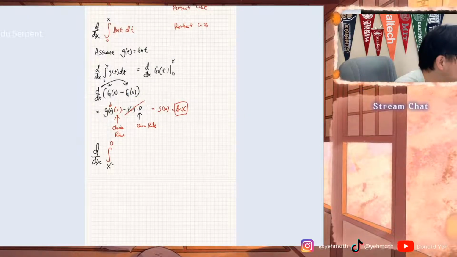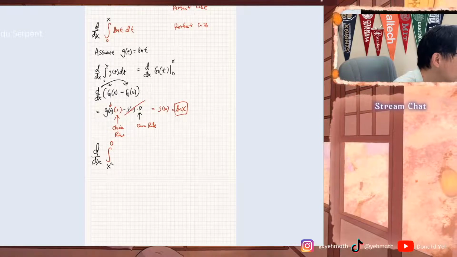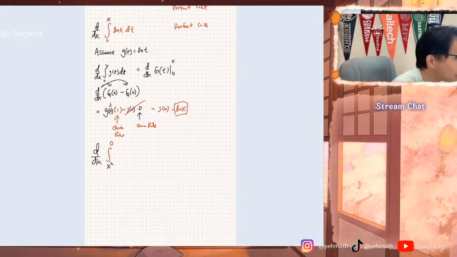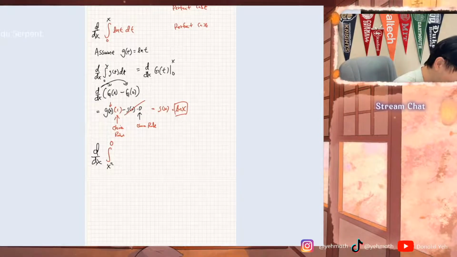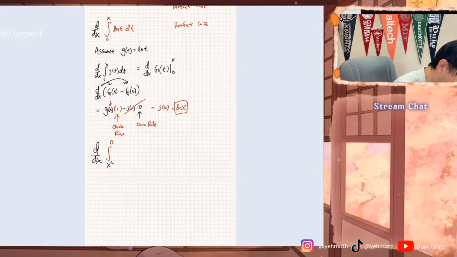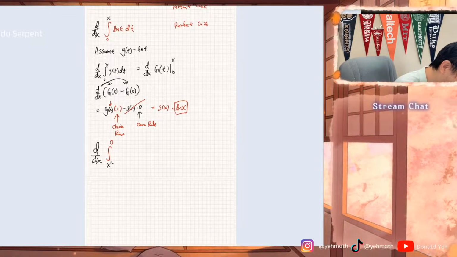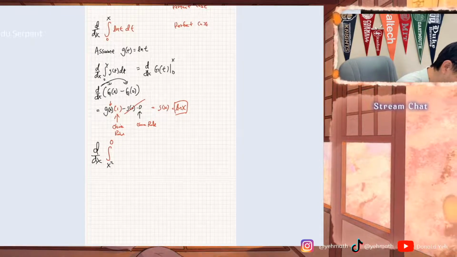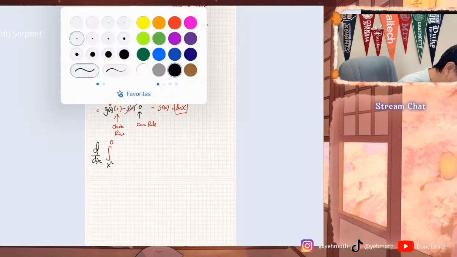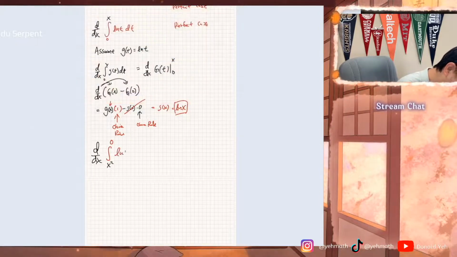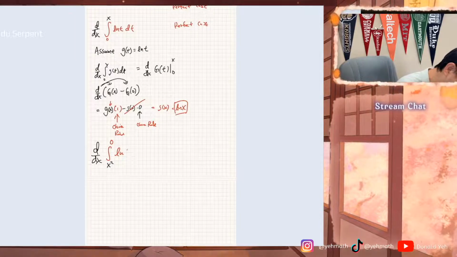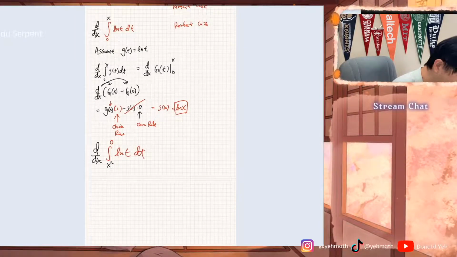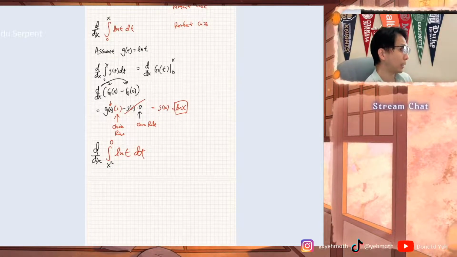Do you see that x squared is a variable? That means whatever result you get should be an expression, and you're not going to get an evaluation. So here we're going to give you the function natural log of t dt. Now you're going to see this imperfect case.